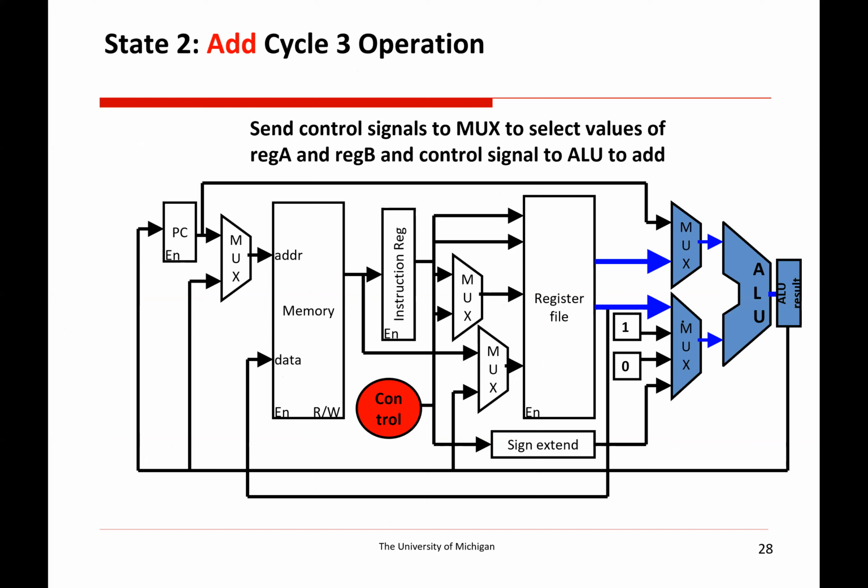So we have the values coming out here. We obviously need to set these 2 muxes to be the appropriate value. The top mux, we're taking the bottom value, so that should be set to a 1. This bottom mux, we're taking the top value, so that should be set to 0.